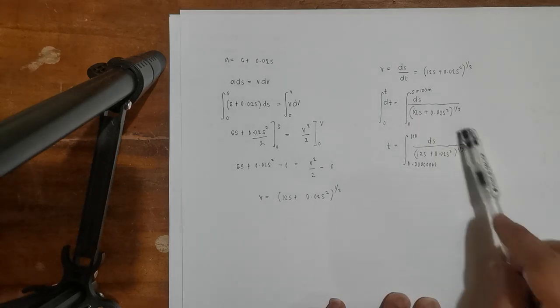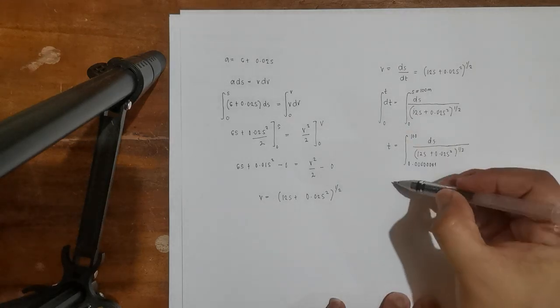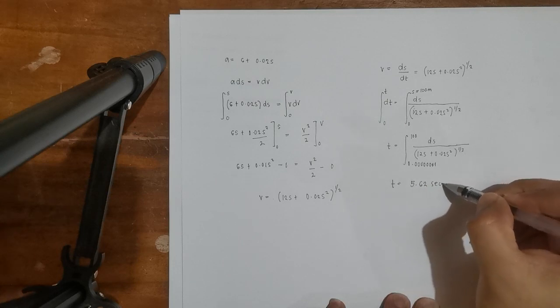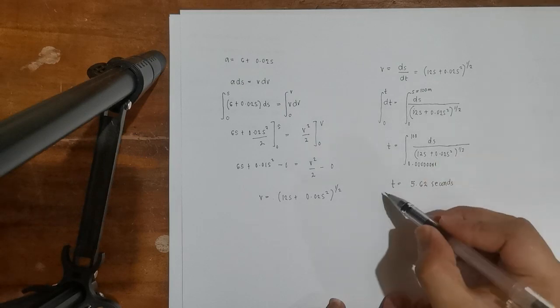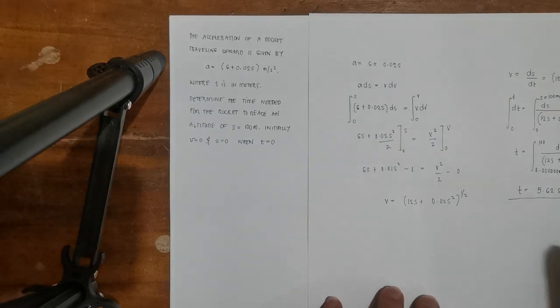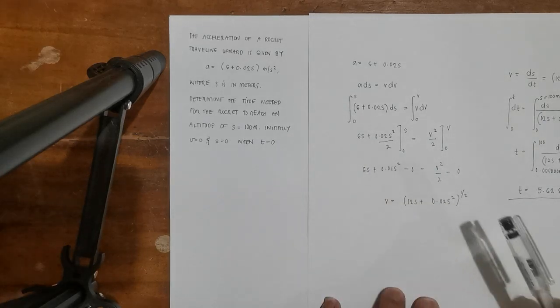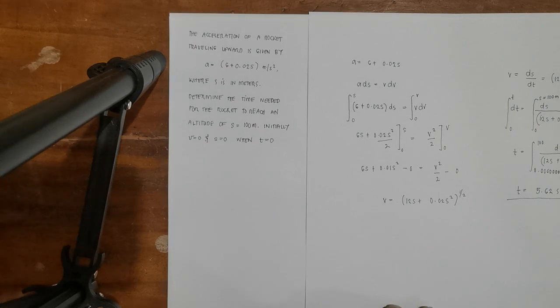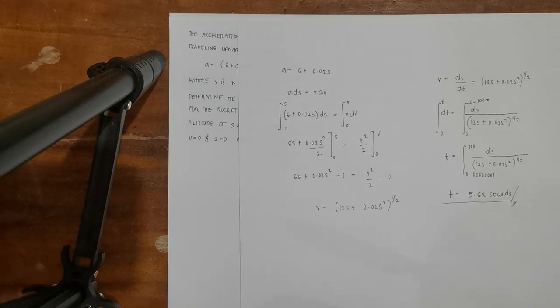So, substituting or applying this into your calculator, you can solve that time is equivalent to 5.62 seconds. So, after 5.62 seconds, the rocket will reach an altitude of 100 meters from its initial position. So that will be the requirement for this given problem.